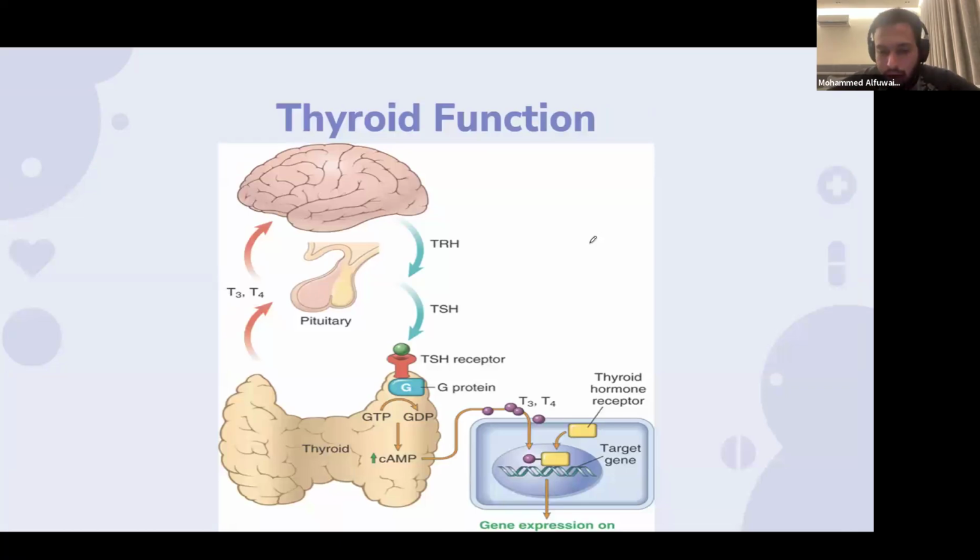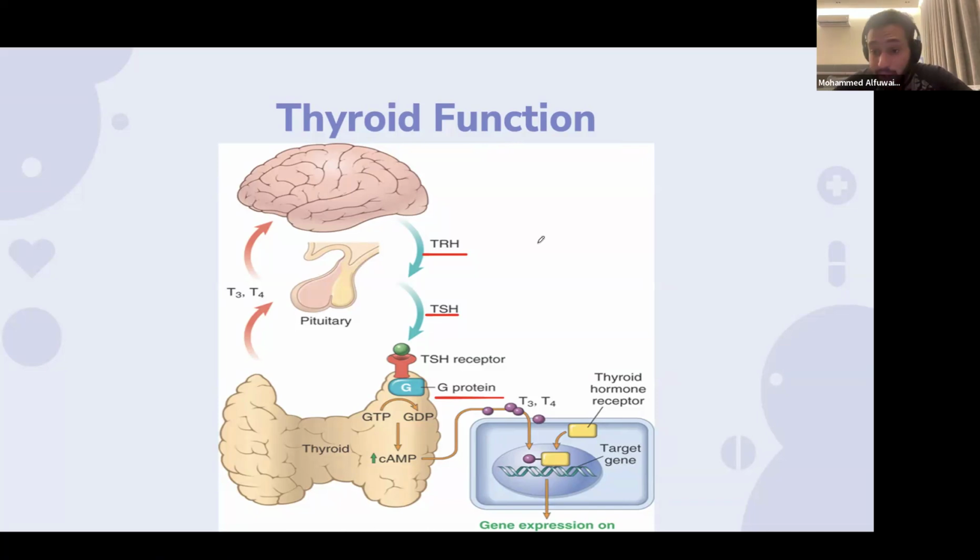In terms of the function, this is very important: the axis of the thyroid. The hypothalamus will secrete TRH to go to the anterior pituitary gland, which will synthesize and secrete TSH. TSH will go to the thyroid gland. At the thyroid, it binds to a G protein coupled receptor, and it will cause the secretion of the thyroid hormones T3 and T4.